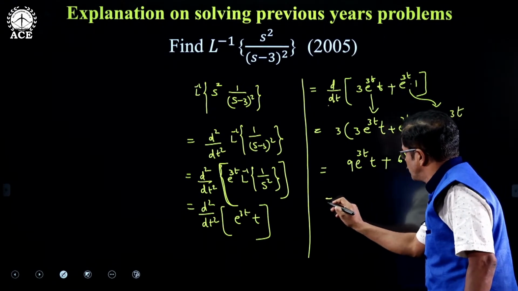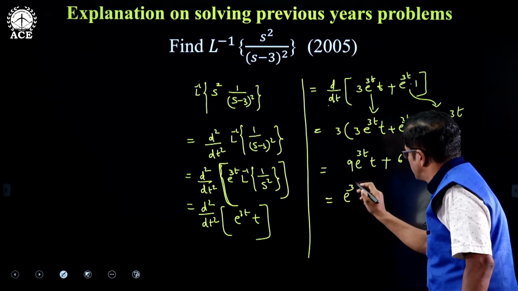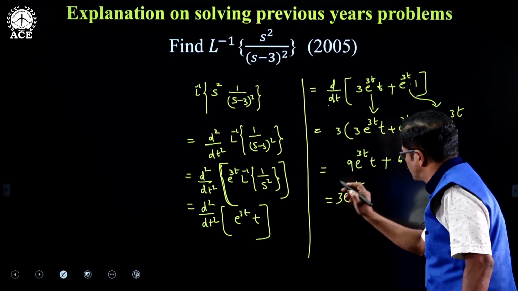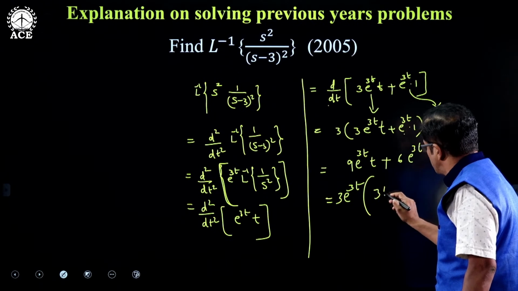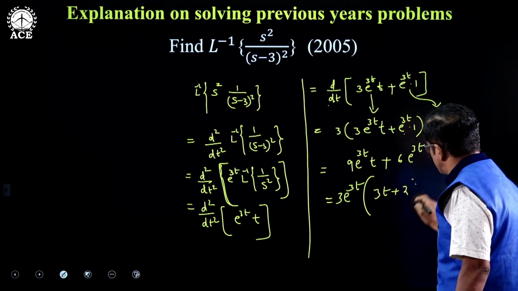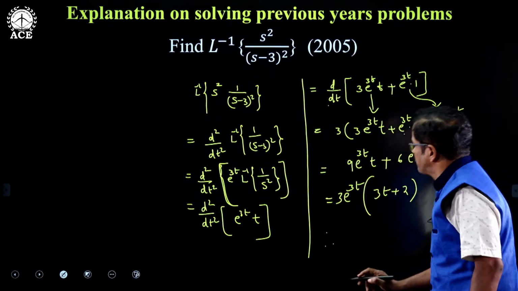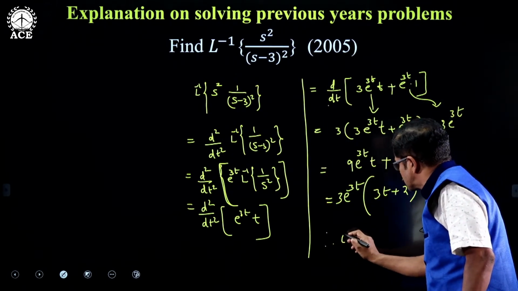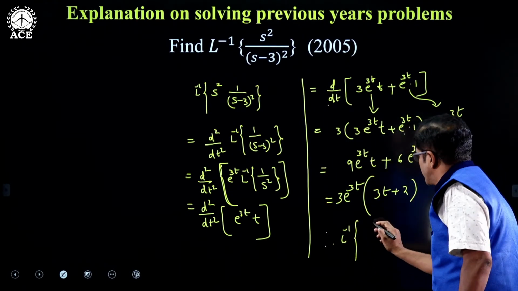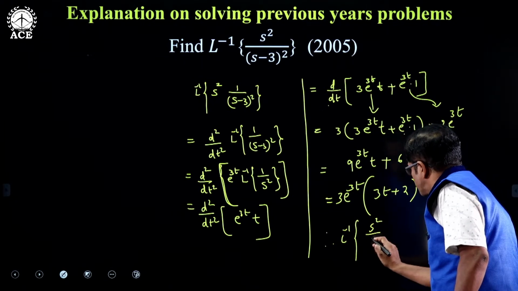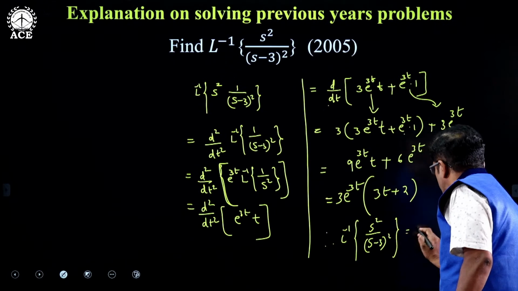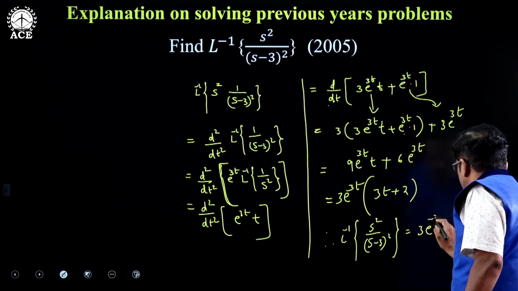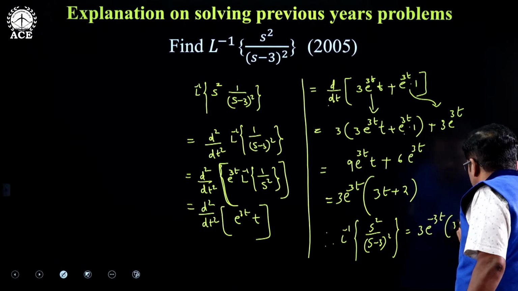Now from this you take e power 3t and 3 common, so 3t plus 2 will be left. Therefore, the inverse Laplace transform of s square by (s minus 3) whole square is equals to 3 into e power minus 3t into 3t plus 2. That's all.